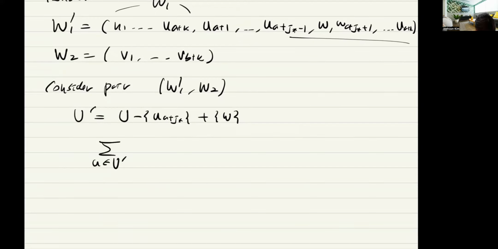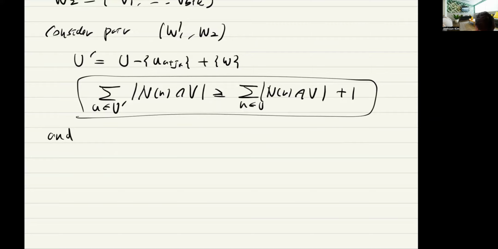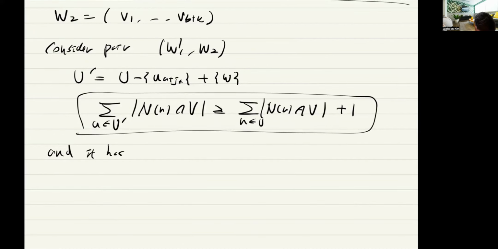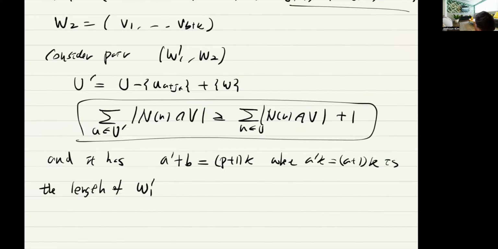Then what? You consider the number of edges between them, and that's at least one larger. And what's the length? A prime plus B is P plus 1K, where this A prime K is the length of W prime 1, because you attach K more over it.